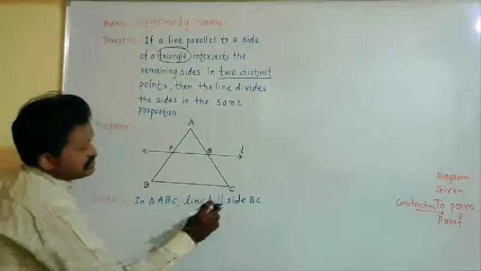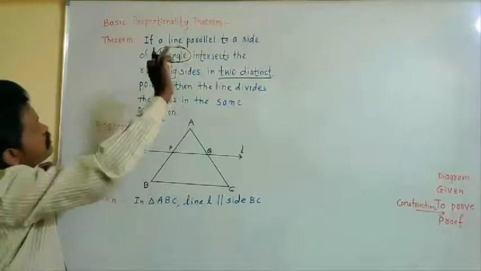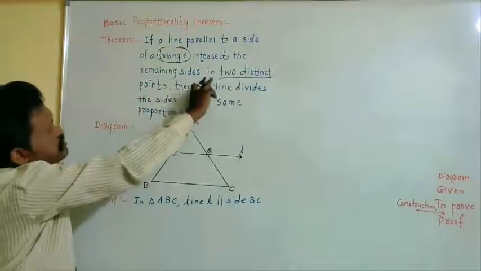But this line L, parallel to side BC, intersects the remaining sides in two distinct points.